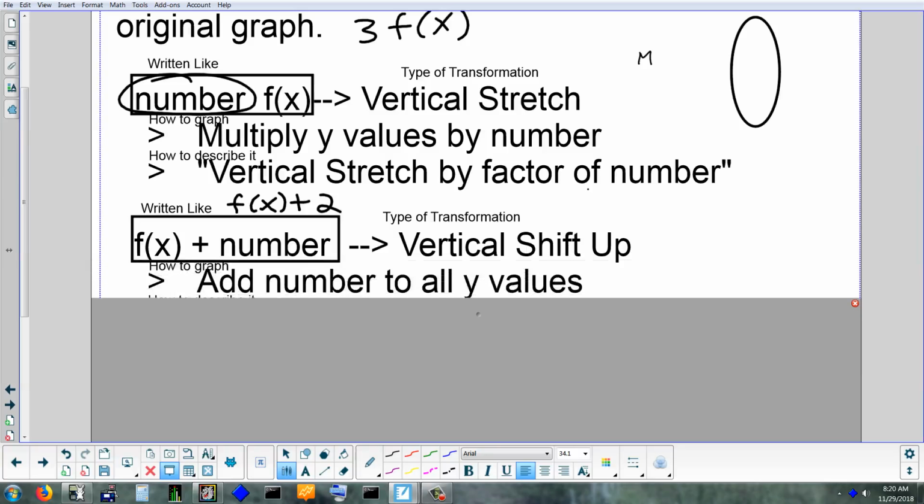So what this is going to do is, because you're shifting it up, remember again, up and down is the y-axis. You're going to add a number to all the y values. How do you know what number to add? Well, you look back at the original problem.